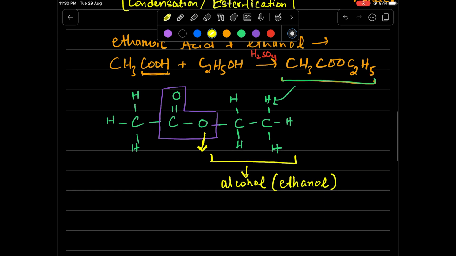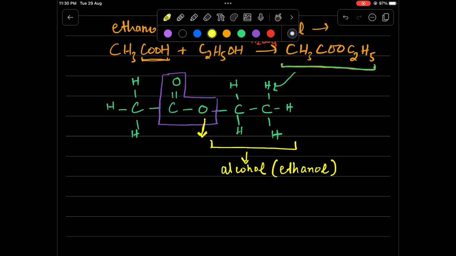Okay, we understand that this whole chain, not the O, but this whole chain is coming from the alcohol, ethanol, right? And then we can also see this portion over here, this portion right here. So the portion to the left of the C, this whole chain including this C, I'm not going to exclude the C, I'm going to include it, this C, right?